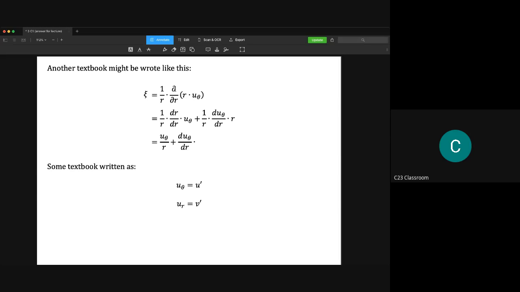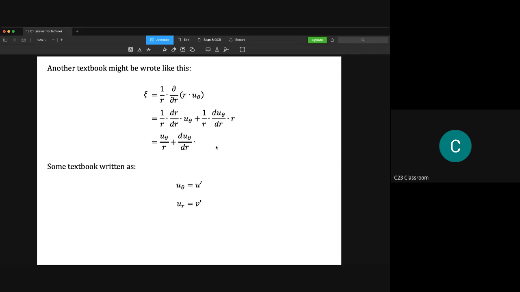The symbol del represents the partial differential, so we hold the value of u theta constant and differentiate with respect to r. 1 over r is constant, and then we differentiate with u theta, and finally you will get this value.